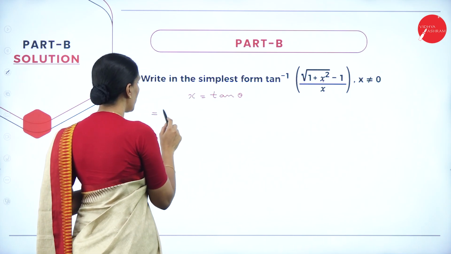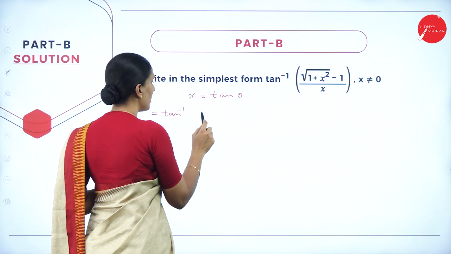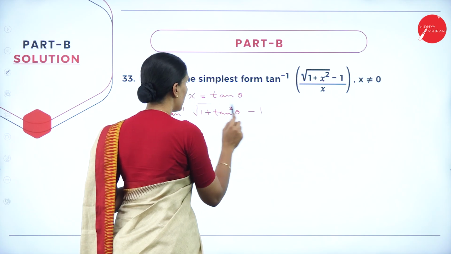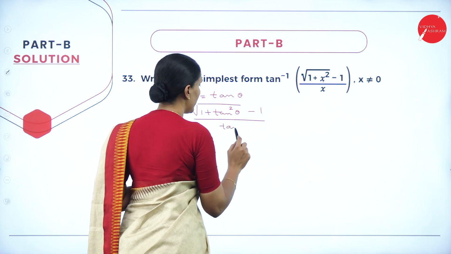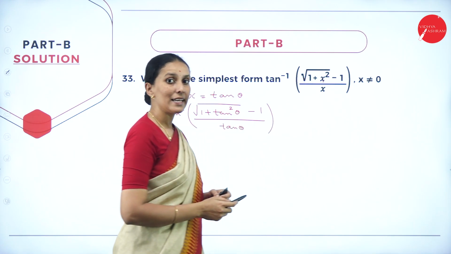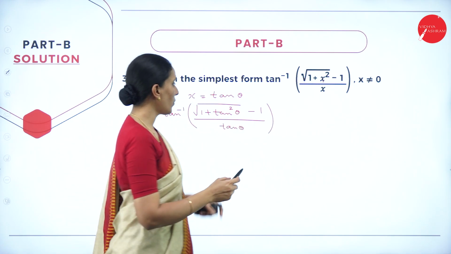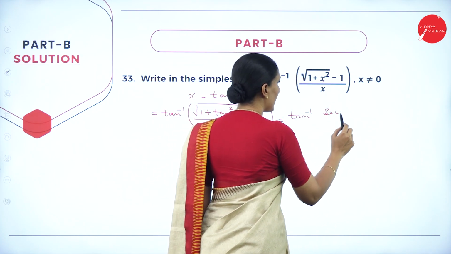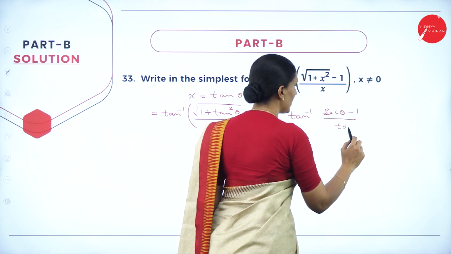Now if I substitute, then we get tan inverse of the square root of 1 plus tan square theta, minus 1, whole divided by tan theta. So clearly 1 plus tan square theta is secant square theta and under the square root it is secant theta. So we are left with tan inverse of secant theta minus 1 by tan theta.